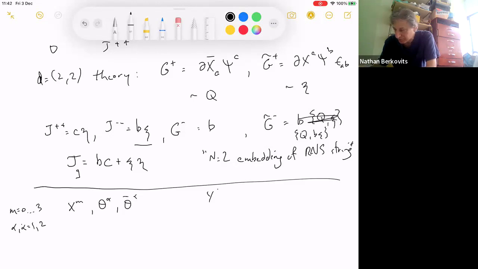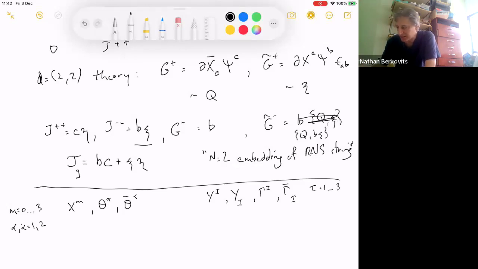So we're going to use the variables y for the Calabi-Yau variables, and a fermionic counterpart, which I'll call gamma and gamma bar, where I equals 1 to 3.